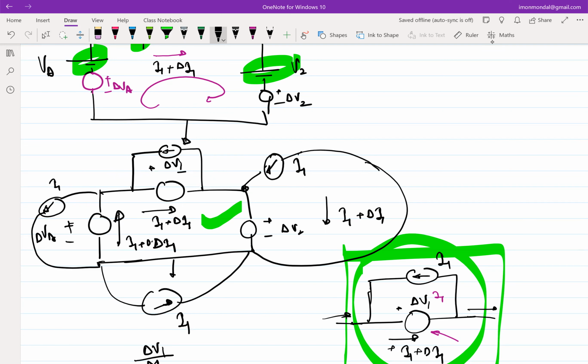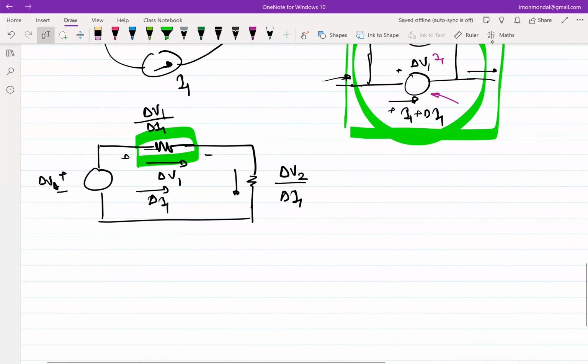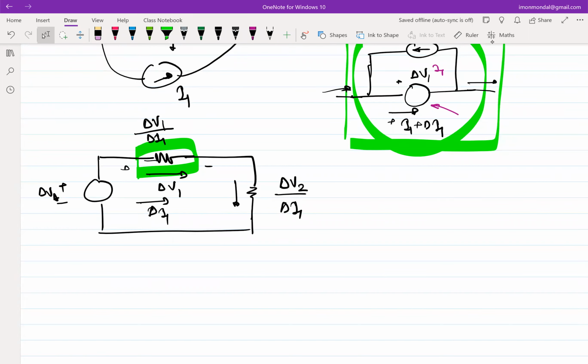Obviously, I'm not going to ask you to prove all these things in your exams or assignments. The whole purpose of doing these things is to show you that we can come up with different circuit techniques or different conclusions through multiple routes. It's not as if there is only one route.